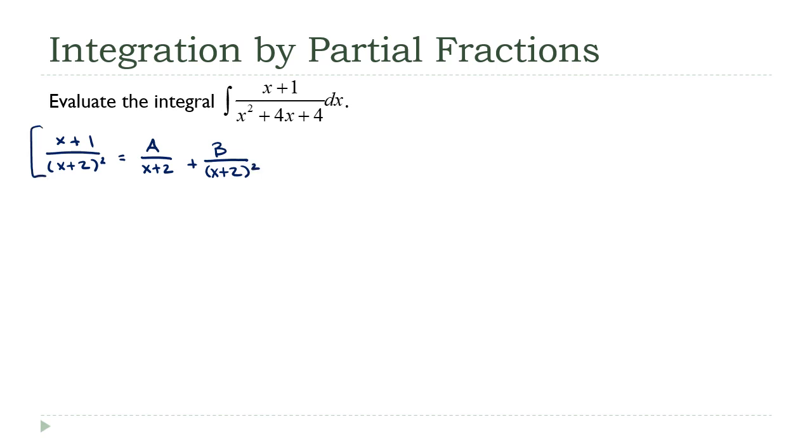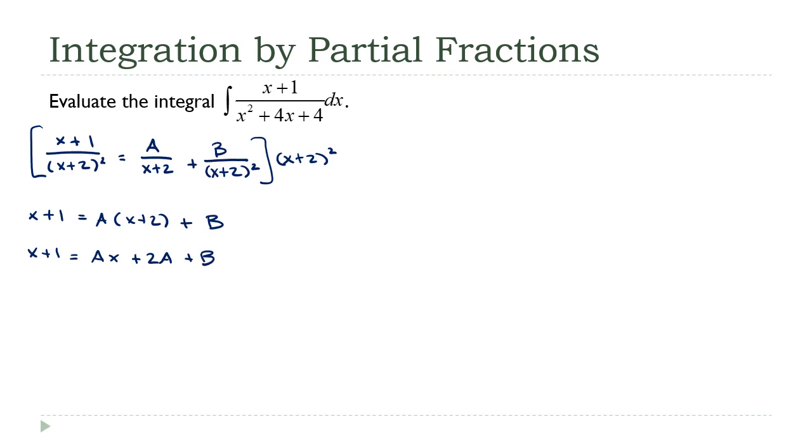Now we'll clear those denominators, multiplying both sides by (x plus 2) squared. The left side is x plus 1, and the right is A times (x plus 2) plus B. Then we multiply this out: x plus 1 equals Ax plus 2A plus B.